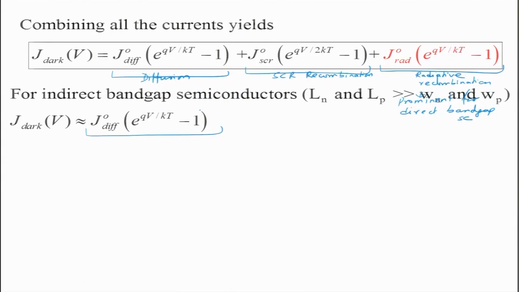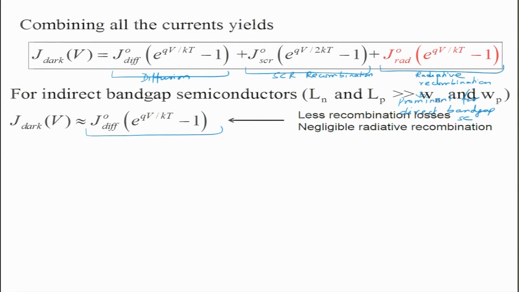So these two terms are not so prominent for indirect band gap semiconductors, which have longer hole and electron minority carrier lifetimes, as a result longer diffusion lengths. So in this case only the diffusion related dark current persists. So you will see in the dark data the dependence will be qV by kT for that. So there are less recombination losses and negligible radiative recombination for an indirect band gap semiconductor, provided your diffusion distances are large.